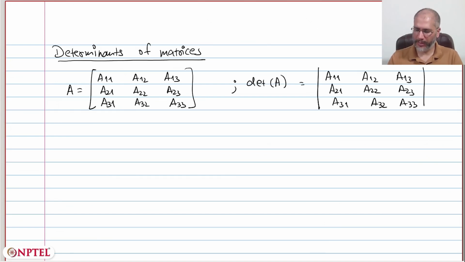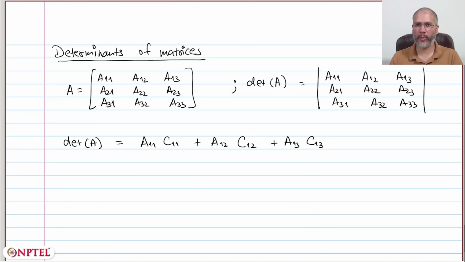What it actually means is that the determinant of A is, there are different ways to do it. We'll expand it over the first row of A. So it's A11 times the cofactor C11, plus A12 times C12 plus A13 times C13.